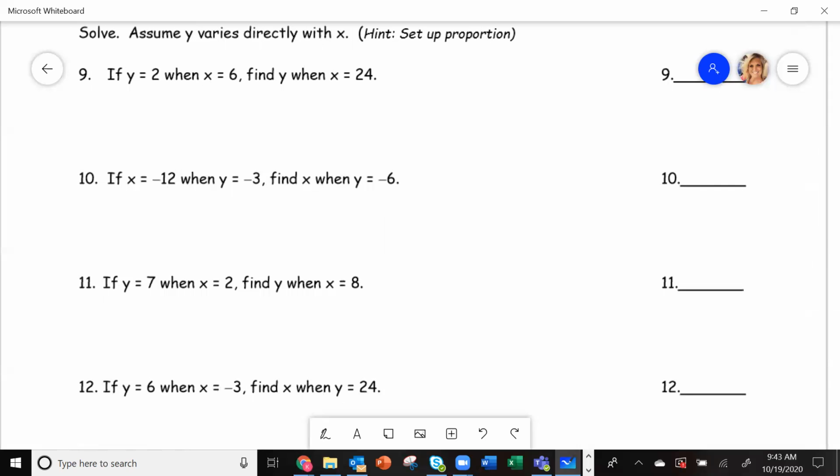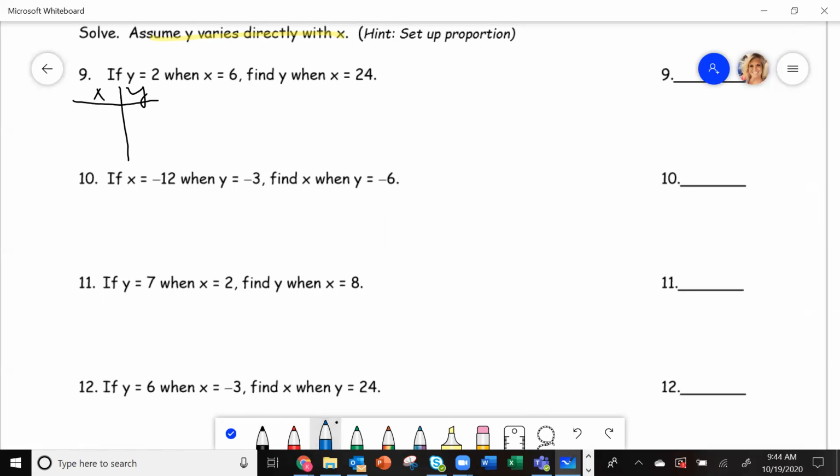So let's do number 9 together to help you remember, and then you'll be able to do the other 3. It says, solve and assume y varies directly with x, and it gives a hint to set up a proportion. Again, I always make a table before I do it so that I make sure I don't get my numbers backwards. It's saying when y is 2, x is 6.